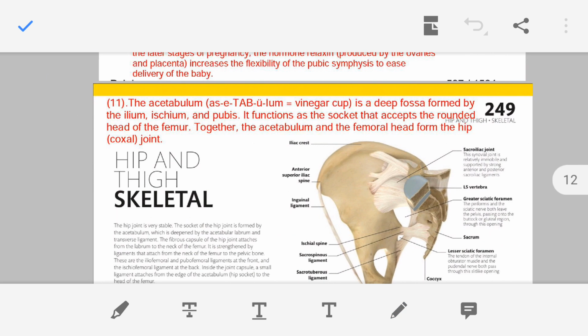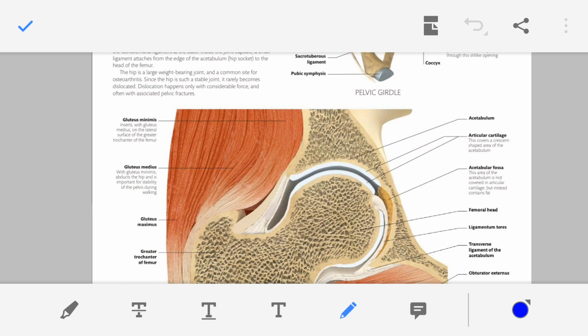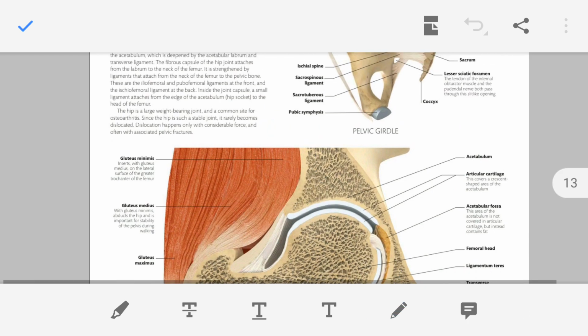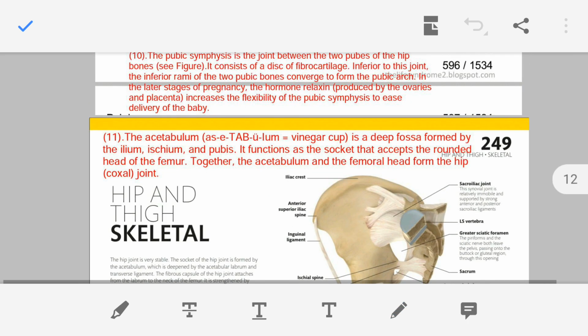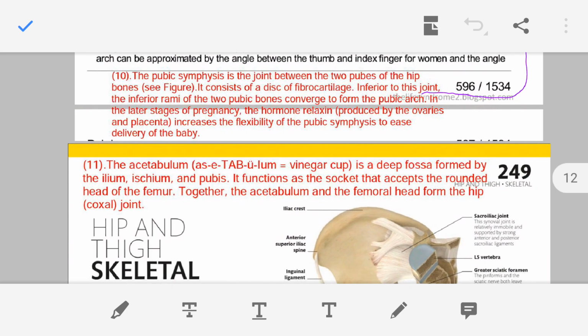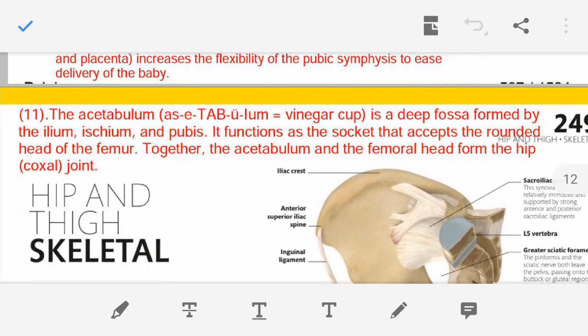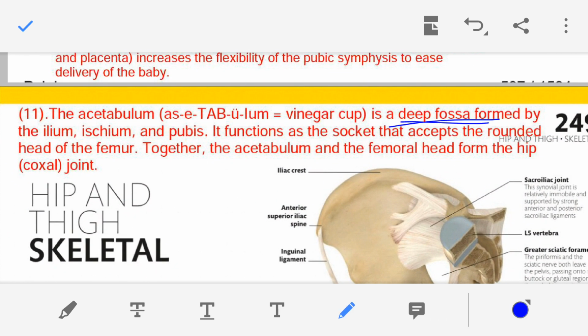So the fossa, this one for example. In simplicity we can say that the parts of ischium, ilium and pubis join together and form a deep fossa, and this deep fossa is known as the acetabulum.